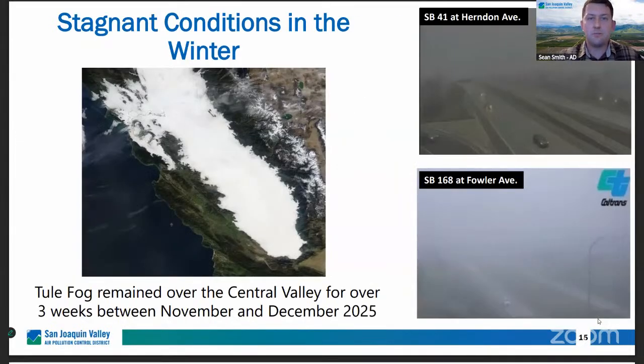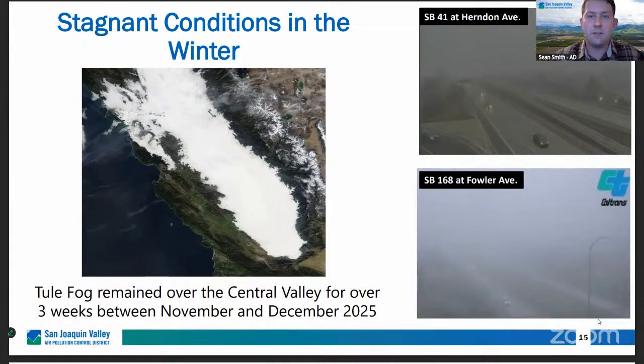So as I mentioned before, with the elevated PM levels in the valley, the Air District did issue a statement regarding the stagnant weather conditions in the winter. That November to December period, we had 22 consecutive days of tule fog, which is very thick and congested the valley for those several weeks. It ended up totaling 30 days in all of dense tule fog, as you see depicted on the NASA satellite imagery here.